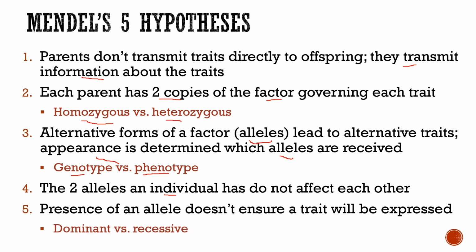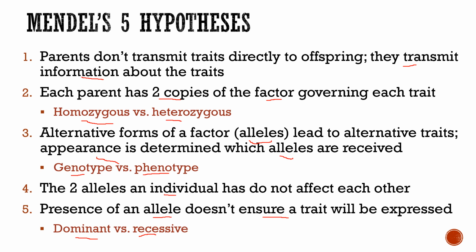And then our last one here, so the presence of an allele does not ensure that the trait would actually be expressed. And this is what we see. So if a trait is dominant and another then is recessive, so if one allele is dominant, it means that even if somebody is heterozygous and they have one dominant allele and one recessive allele, that dominant allele will mask the recessive one.